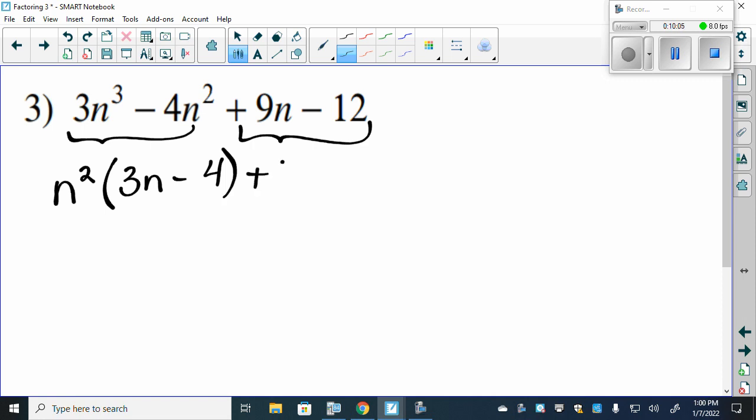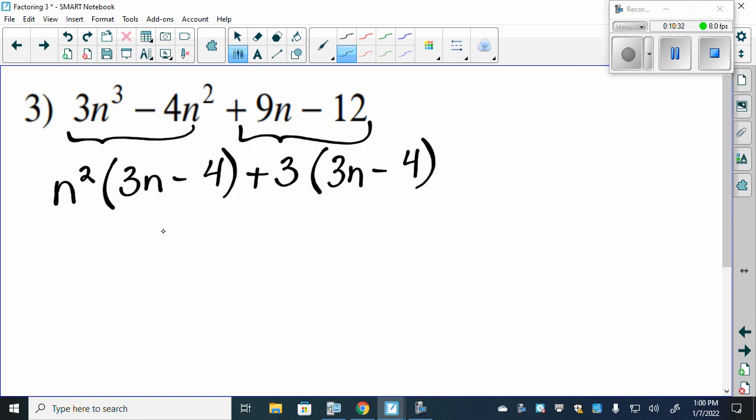And the 3 would be positive, because inside the parentheses we need 3n minus 4. So if I factor positive 3 out, well, 3 divided by 9n is going to be 3n minus 4. So we have the two sets of parentheses being the same.